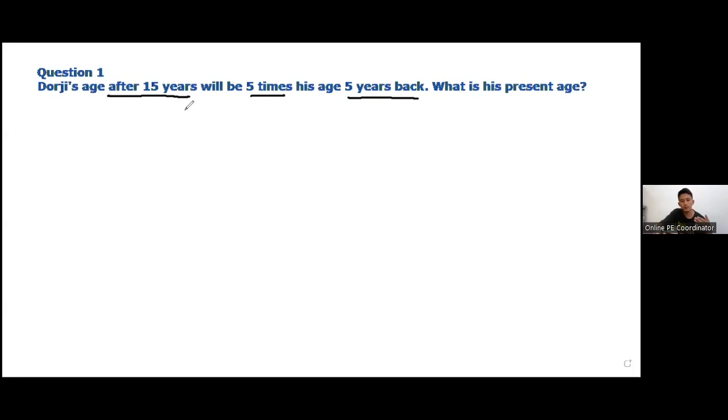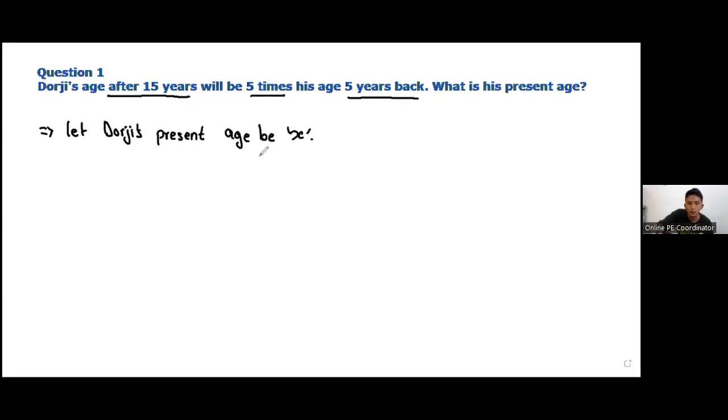So in such type of question, what we need to do is that first we have to assign, let Doji's present age be x.